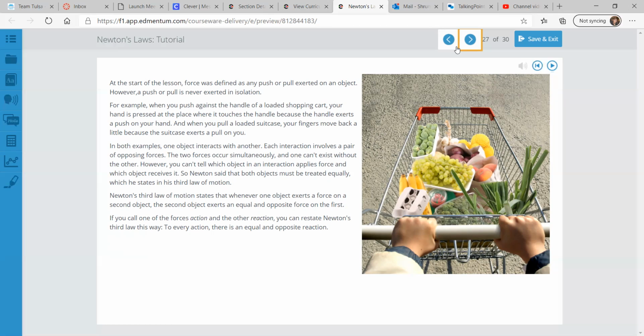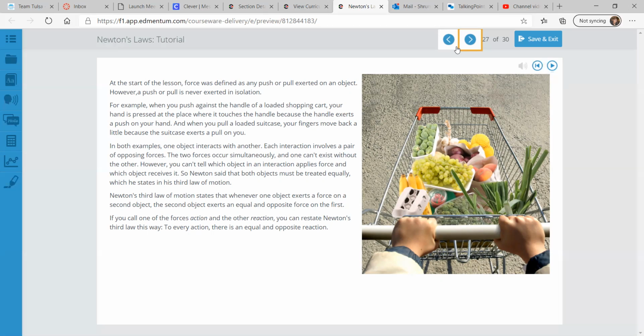Each interaction involves a pair of opposing forces. The two forces occur simultaneously, and one can't exist without the other one. However, you can't tell which object in an interaction applies force and which object receives it. So Newton said that both objects must be treated equally, which he states in his third law of motion.